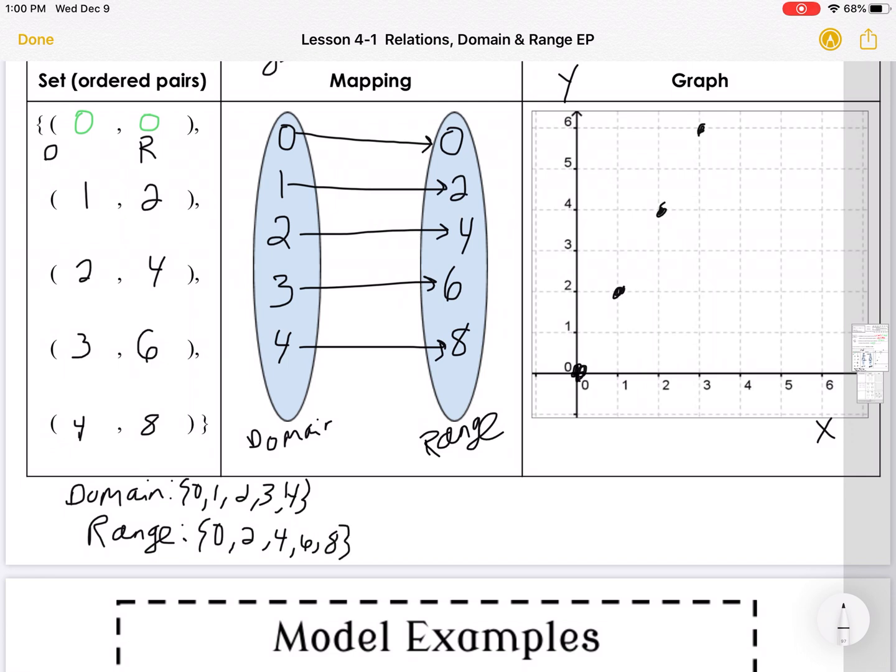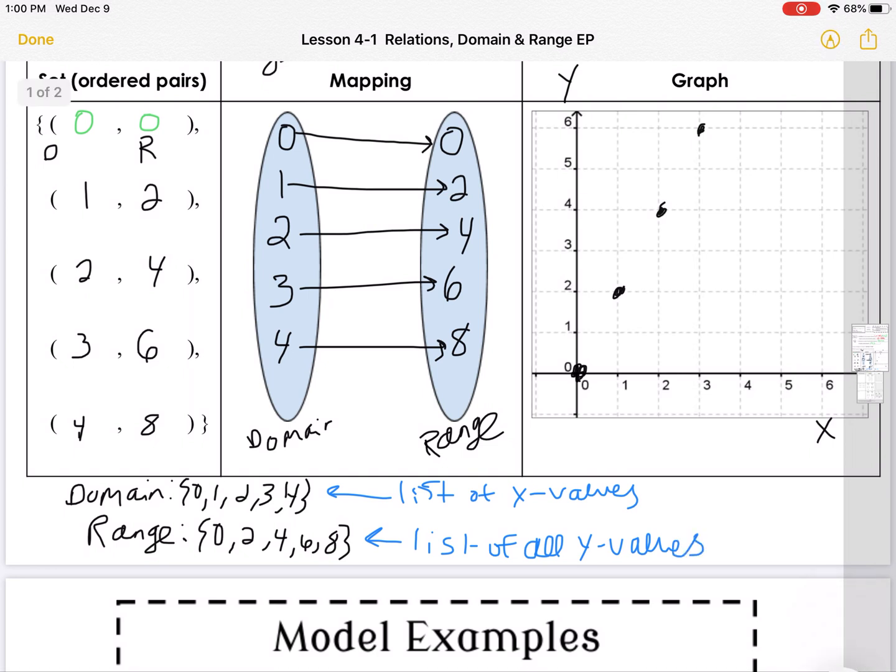So domain is just a list of all the x values. Range is a list of all the y values.